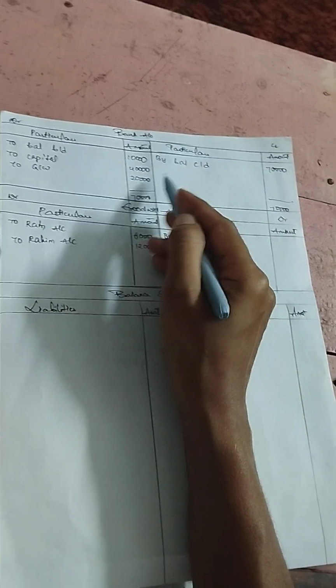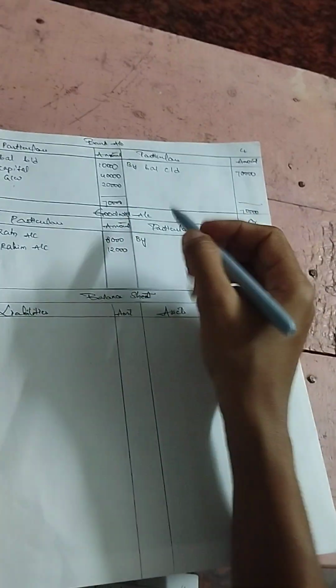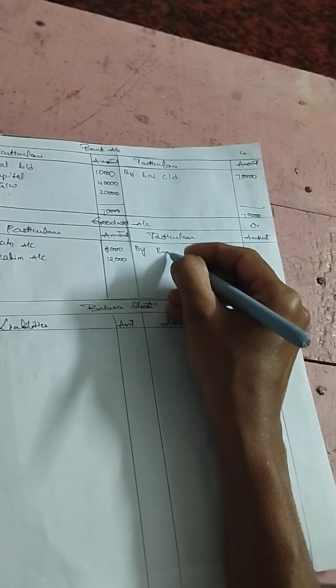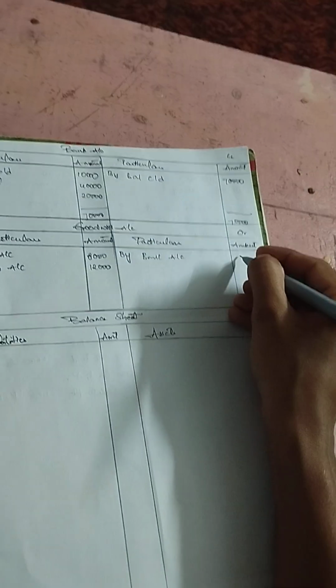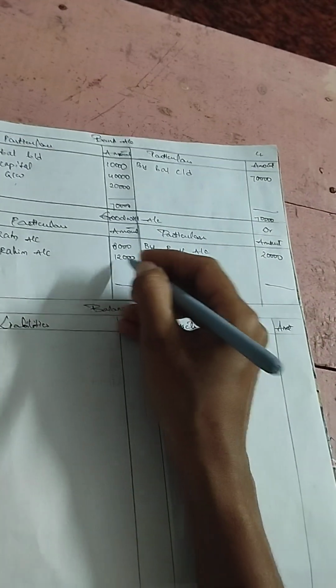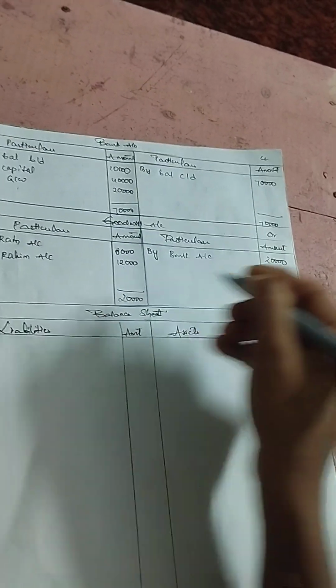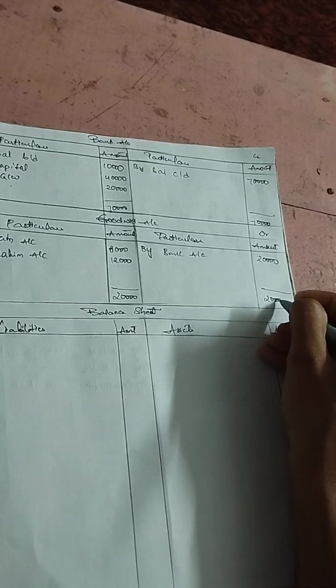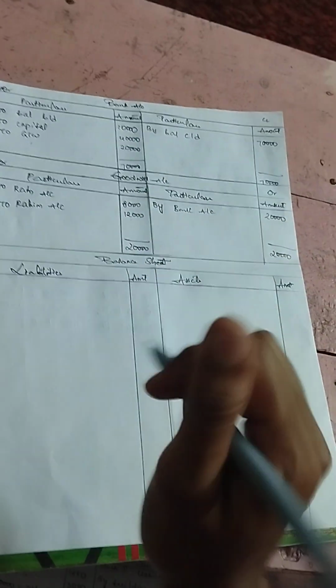Next, in bank account we have on debit side, we'll be recording on credit side, to bank account 20,000. Now let's do the total. 8 plus 12, 20,000, and here 20,000. This account is balanced. Now let's do with the balance sheet.